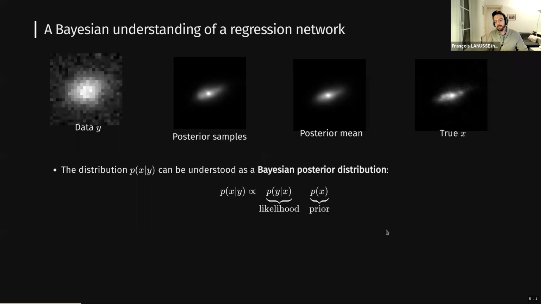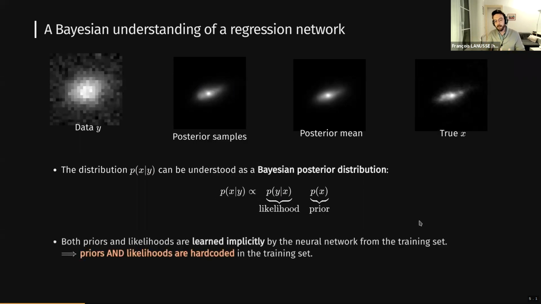And so what that means is that your neural network that you've trained this way is actually solving your Bayesian inference problem, but it's learning implicitly the likelihood and the prior. And it's learning it from the training set that you've provided to it.